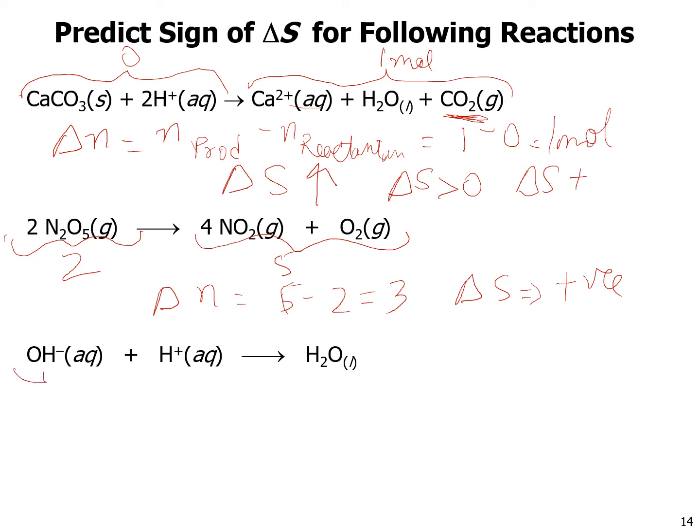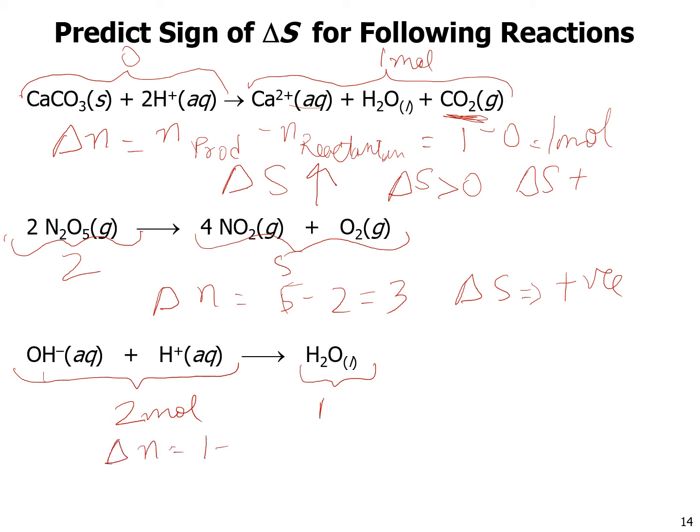So the number of moles of our reactants is 2 moles total. Even though we don't have gas, everything is kind of liquid in this case. This is liquid water, this is aqueous, meaning it's in water, right? How many moles of product do we have? 1 mole. So what is delta N in this case?